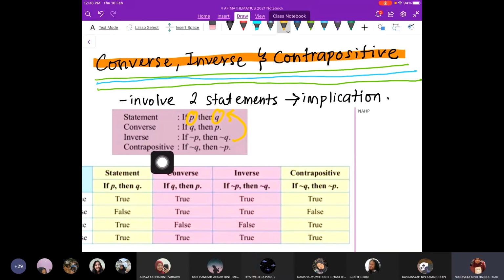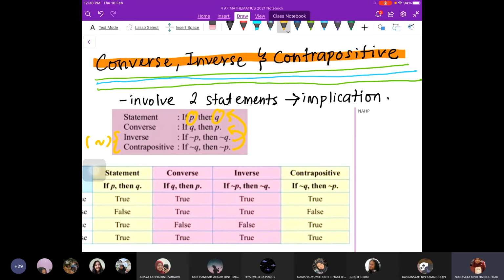So contrapositive pula, dia akan negatekan converse. So any statement dalam converse, dia akan negatekan. So practically, inverse and contrapositive ni, dia adalah negation. So statement, converse, inverse, contrapositive.